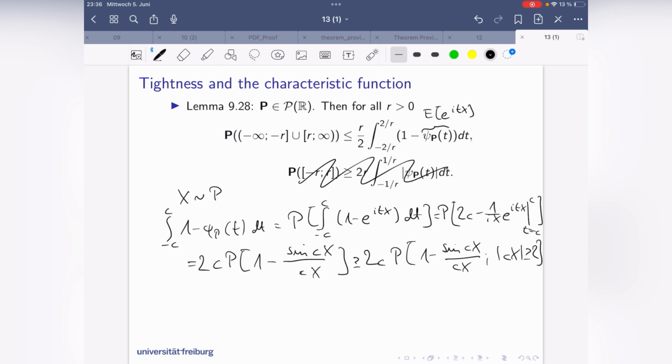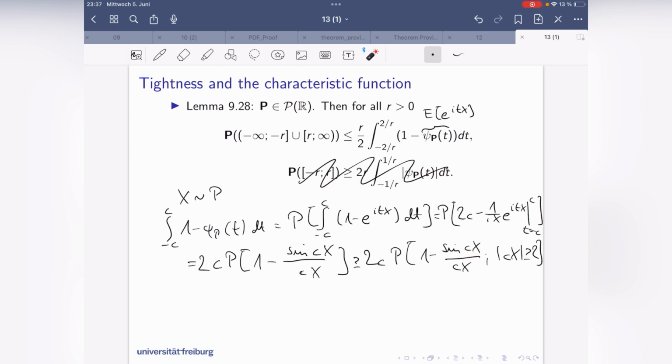And apparently I have a bound here, exactly. So this here is smaller than, so I have c times X is bigger than 2.